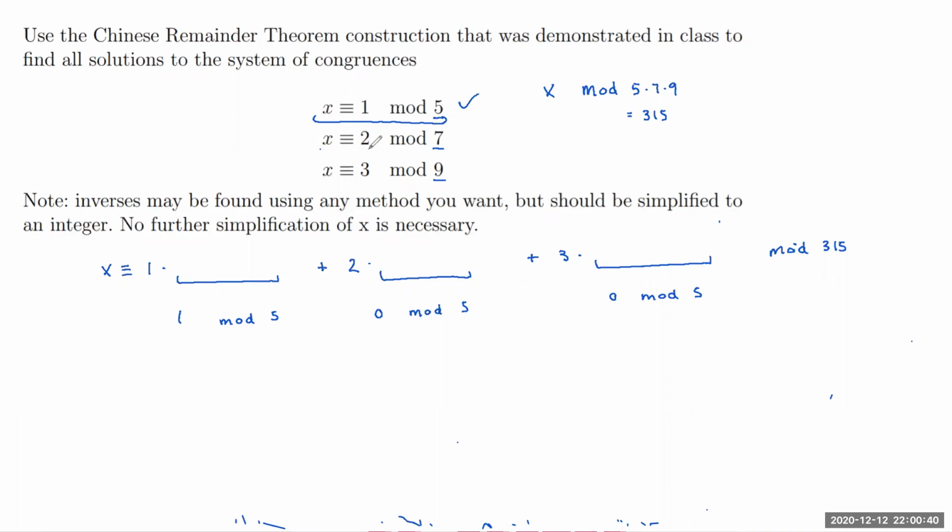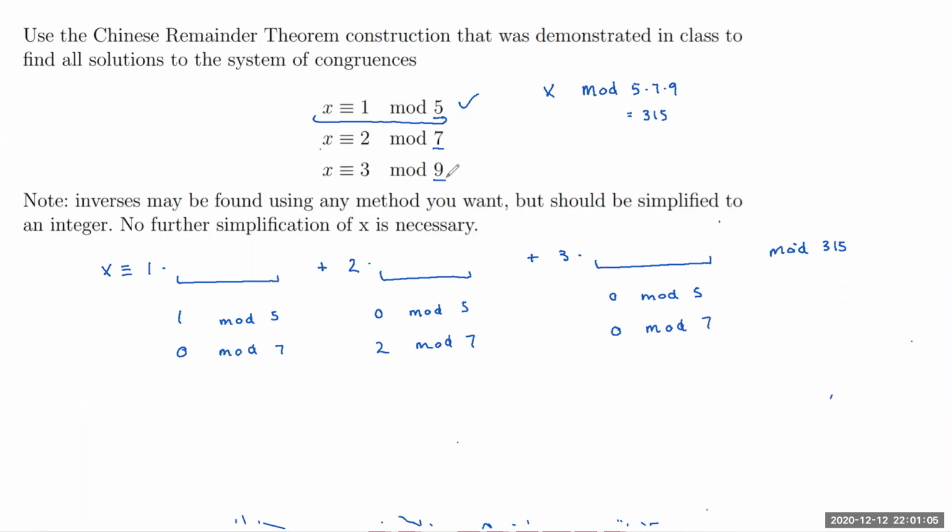Then we know that x is congruent to 2 mod 7. Same thing as with the 5, you want to make sure this first term comes out to be 0 mod 7, and then the second term has to come out to 2 mod 7. This is where you're going to get your 2 to satisfy the second equivalence. And then we want to make sure the third term is also 0 mod 7.